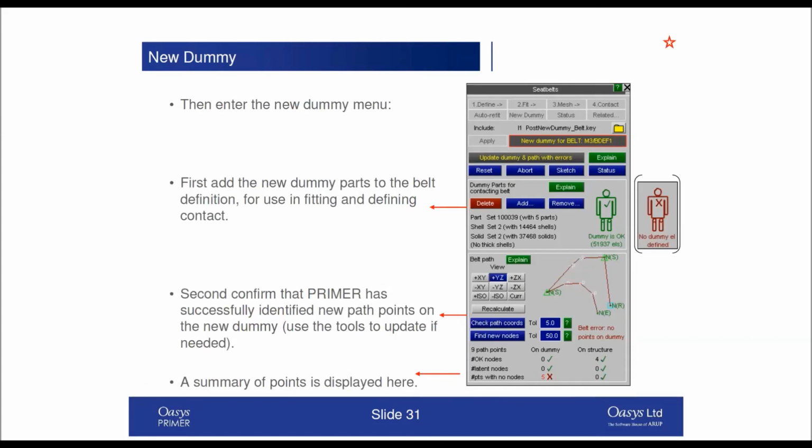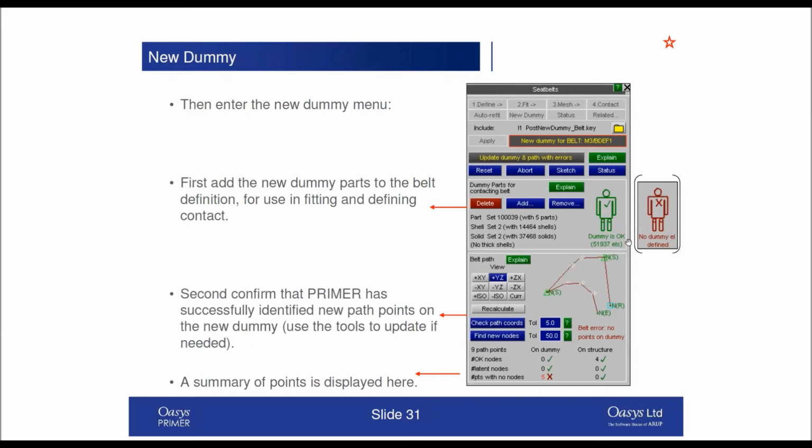When we enter this new dummy panel, we get this particular menu here, split into two halves. The top part is a check for the parts that are in the dummy definition and that the belt can contact. So Primer will either say it's okay and give you a little green man with a tick, or a red man with a cross if it's not okay.